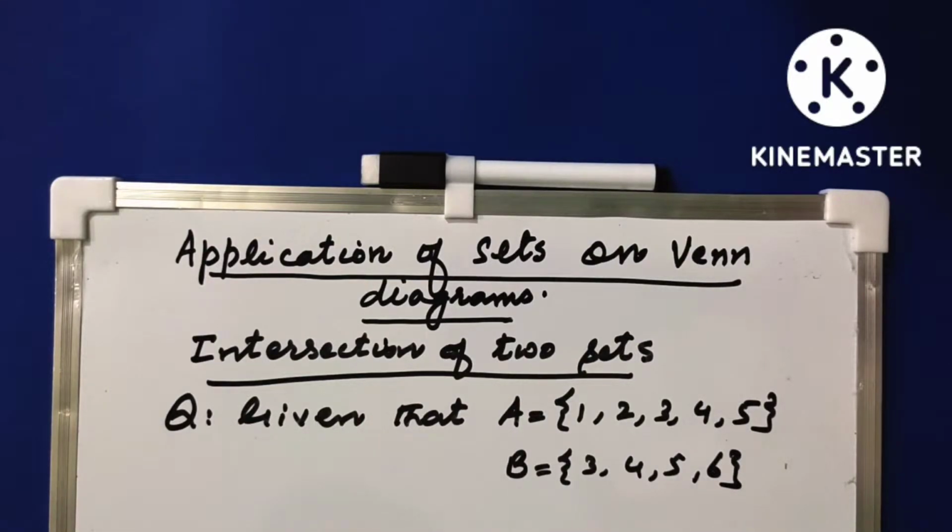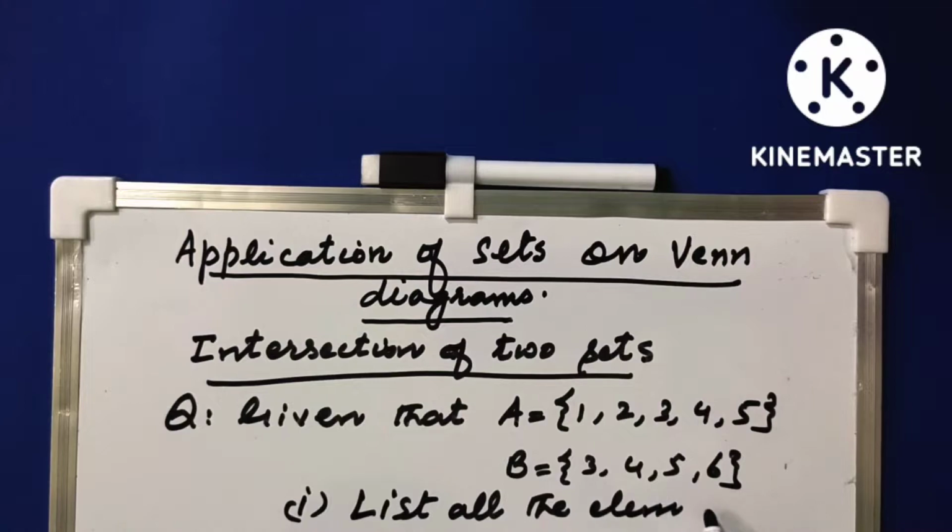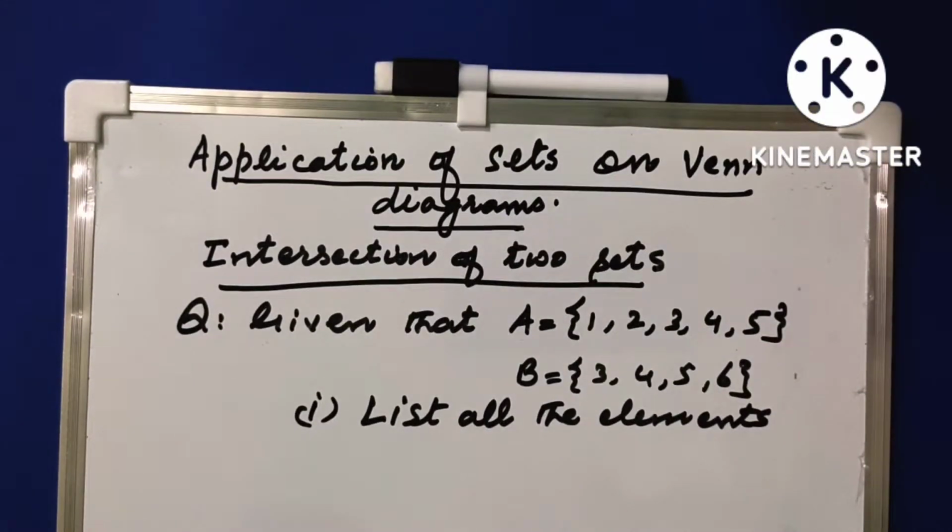Part A: list all the elements in A intersection B in set notation.